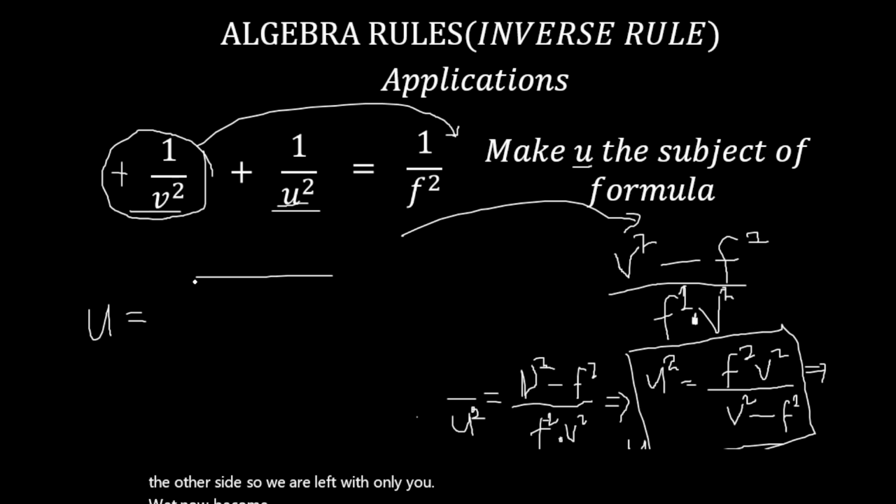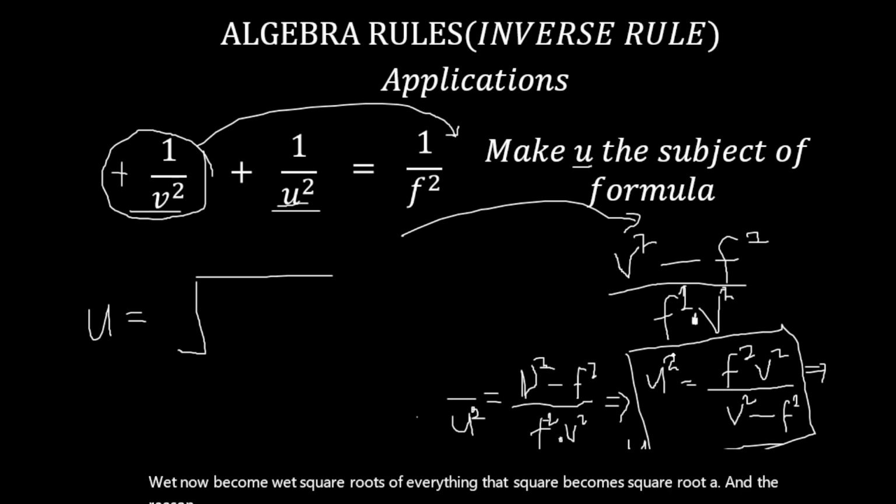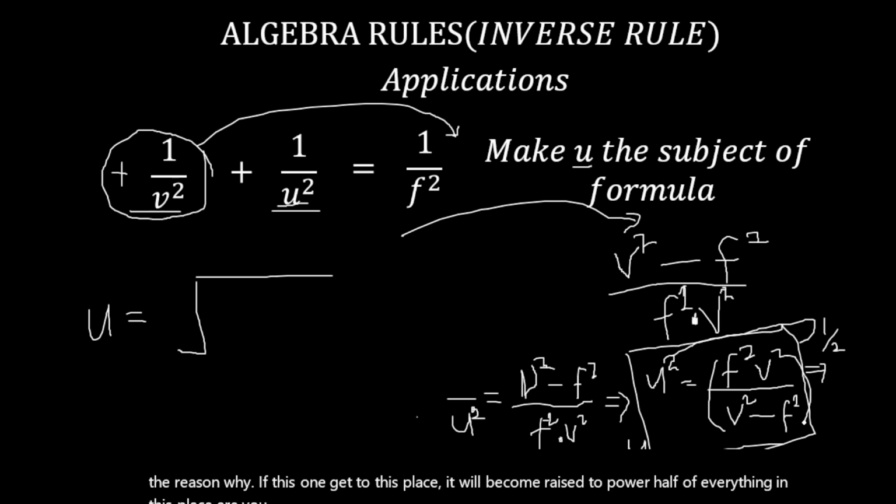Square root of everything. That square becomes square root, and you know the reason why. If this one gets to this place, it will become raised to power half of everything in this place. Are you getting me? That raised to power half here is square root.